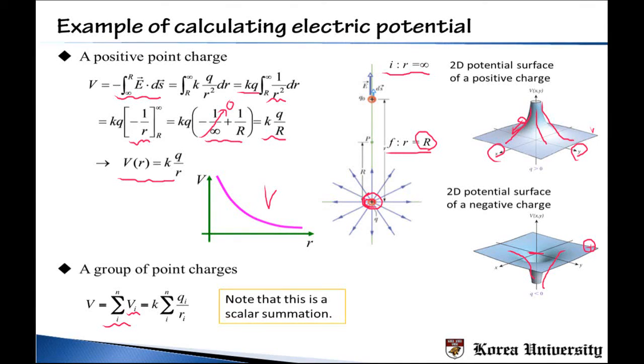And in doing so, remember that electric potentials are not vectors, they are scalars. So you are doing a scalar summation. This is different from the case of the electric field, because when you calculate the electric field from a group of point charges, you had to do a vector summation. But for the electric potential, you are doing a scalar summation.